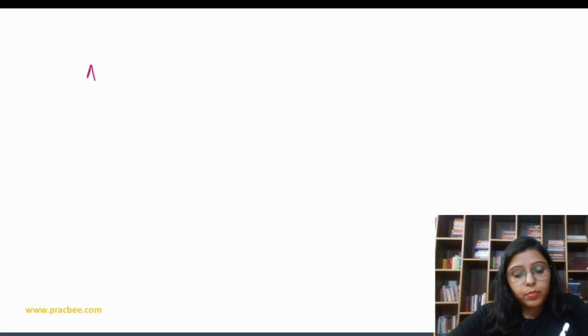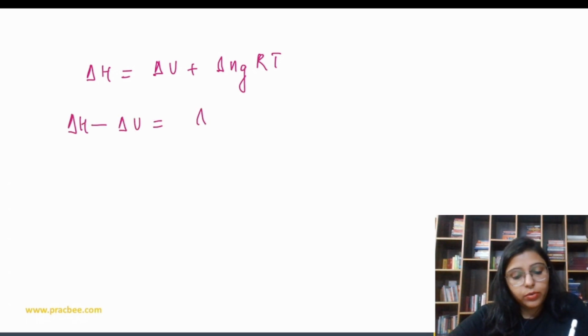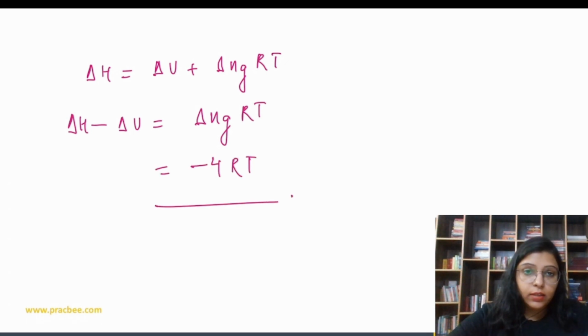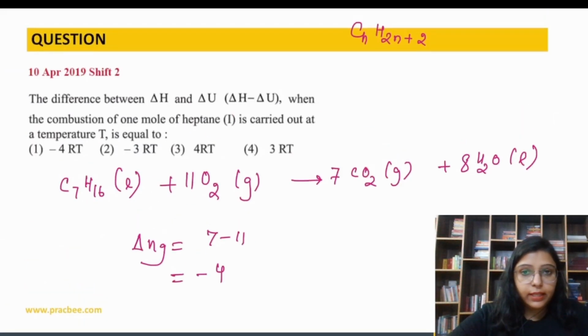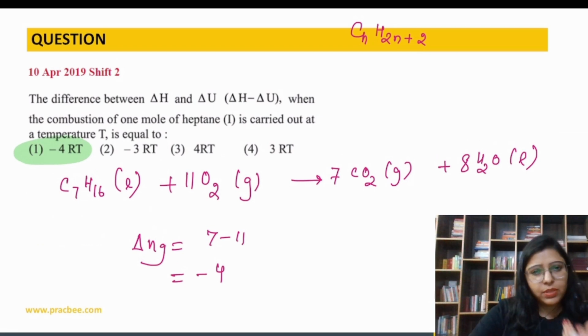We have the formula delta H is equal to delta U plus delta Ng RT. So delta H minus delta U is equal to delta Ng RT. Delta Ng is minus 4, so the answer is minus 4 RT. If you check the options, you will get the answer. The answer is option number 1, minus 4 RT. So we have some simple questions with respect to the enthalpy part.